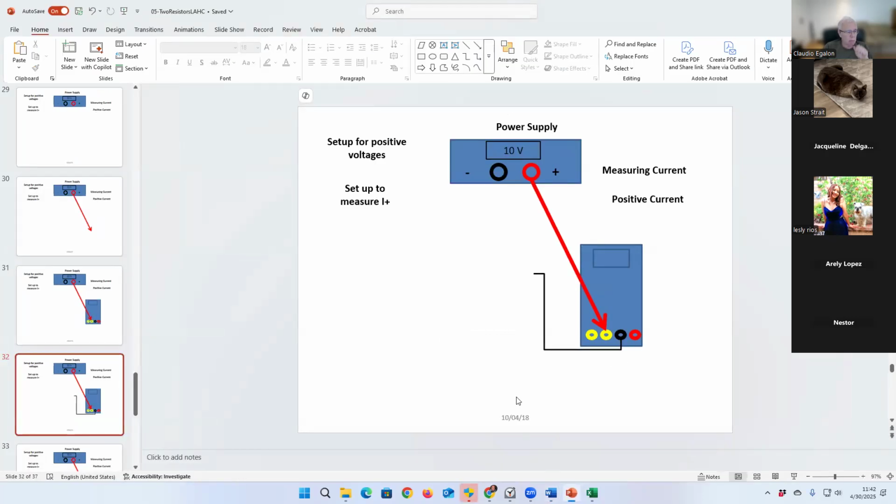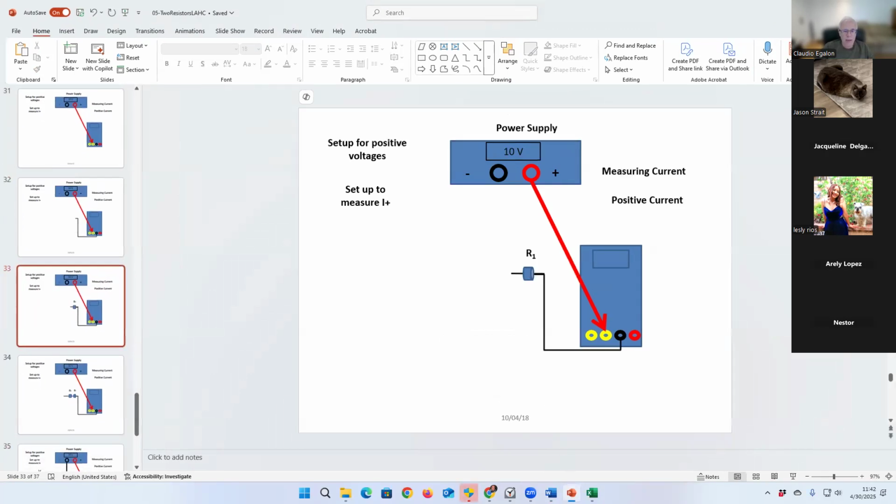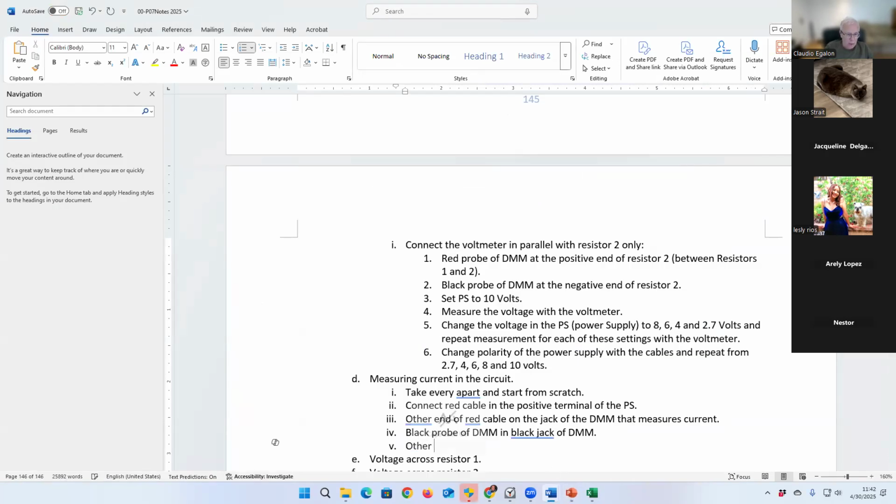We're not measuring yet, we're just putting the circuit together. Next, the other end of the black cable goes into the black jack of DMM.